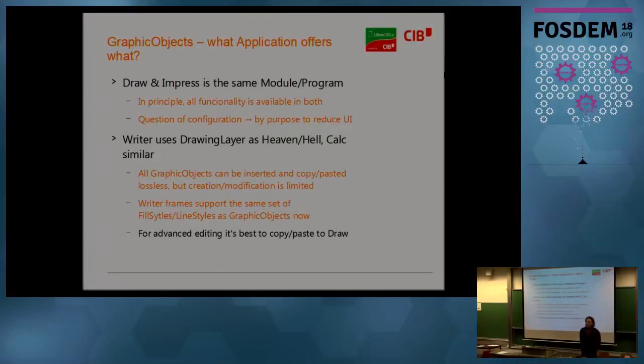So the best way to work on graphics or geometry stuff for Calc, Writer and Impress is to copy it to Draw and copy it back when you are done. This will work in almost all cases. I don't give guarantees, but as far as I know, it works pretty well.